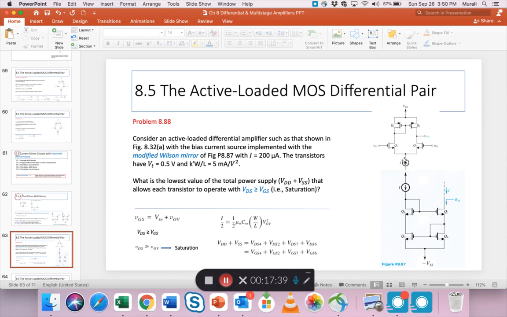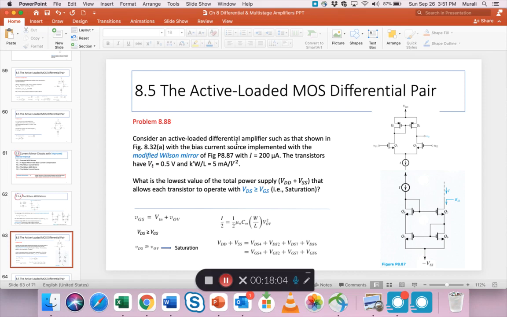We didn't worry too much about how exactly it was created. But we know that reference currents are also created by current mirrors. And here we are given the details behind the current mirror. Now it looks a little scary, but actually the problem isn't all that difficult. So let's see how to proceed.